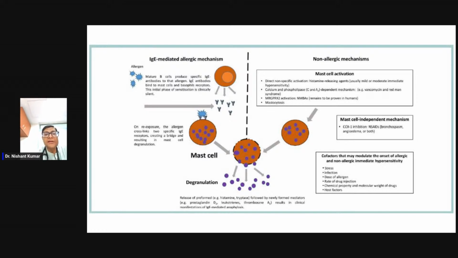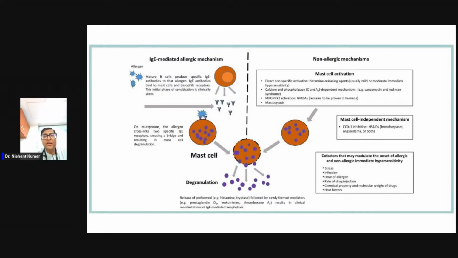Then you have calcium and phospholipase C and A2 dependent mechanisms, which are seen with vancomycin and teicoplanin. Then MRGPRX2 activation, which is seen with NMBAs. Now, again, this needs to be proven in humans, but remember, it is the NMBAs which have the highest incidence of allergic anaphylaxis amongst the anesthesia drugs per se, and mastocytosis.